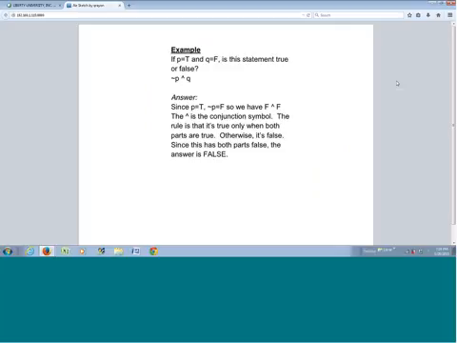So this is actually false, conjunction, false. And so now we have to refer back to the rule for conjunction. It's only true when both parts are true, otherwise it's false. So since we have false, false, the answer is false. And I knew that was the answer because I referred to the rule for conjunction.